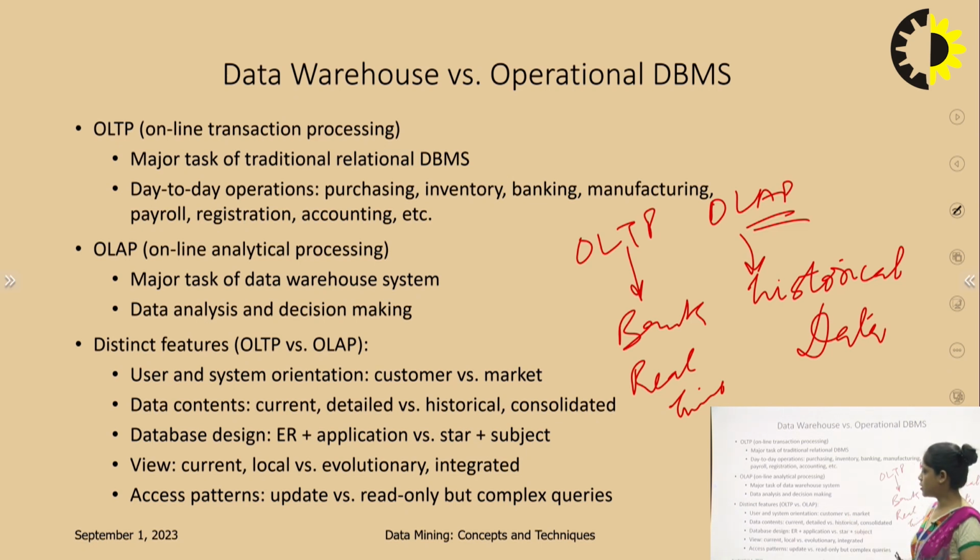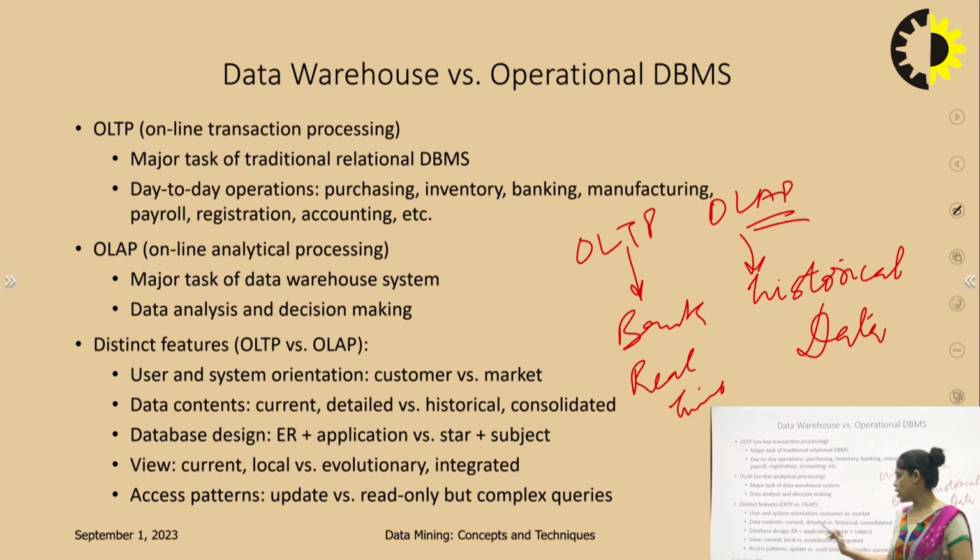So let's see the distinct features of OLTP and OLAP. User and system orientation; the data content is current, detailed versus historical and consolidated. Obviously database design is ER plus application versus star and subject.